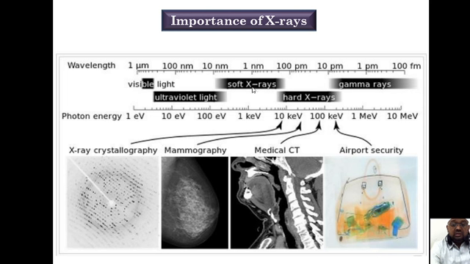There are soft X-rays, and they have ranges. You can see the range here. We use hard X-rays, and this range comes under the category of hard X-rays. These types of X-rays we use for daily life applications.